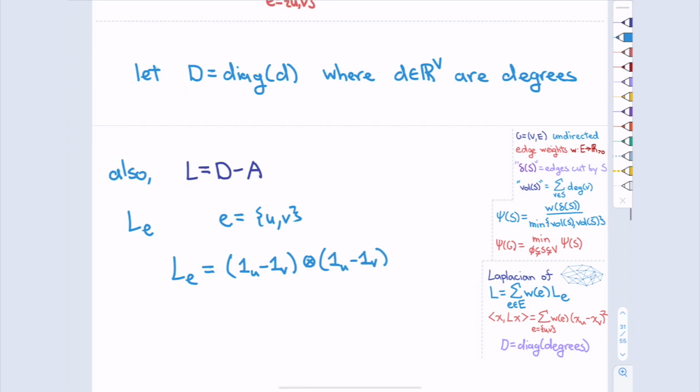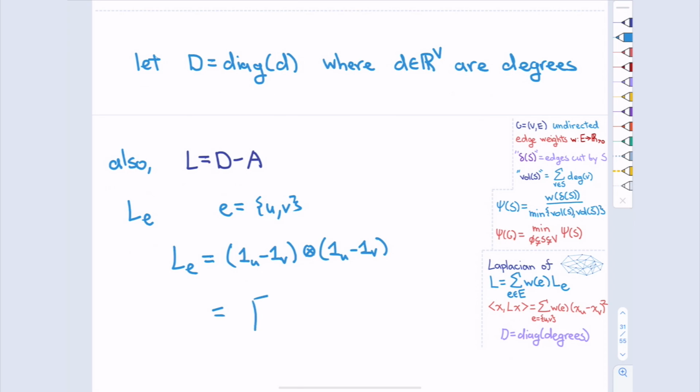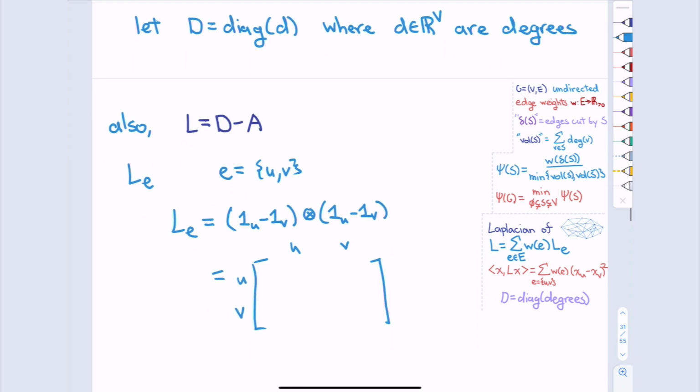Okay, which looks like this matrix that basically has zeros everywhere except in the U and V column. You're going to have a 1 here, a -1 here, a -1 here, a 1 here, and 0 everywhere else.